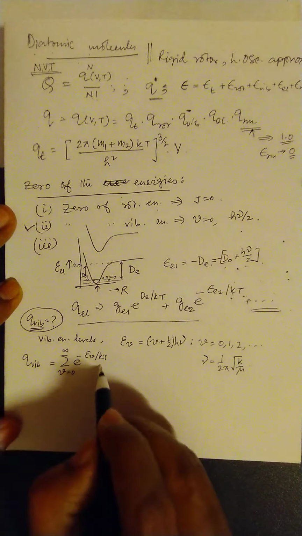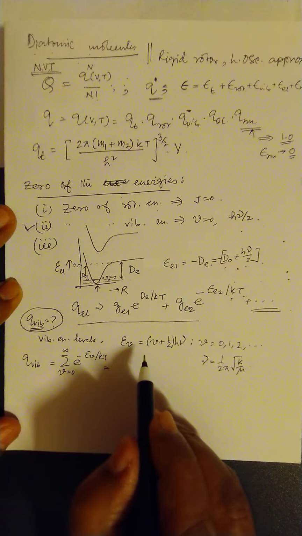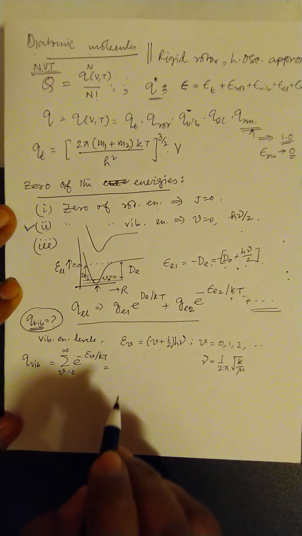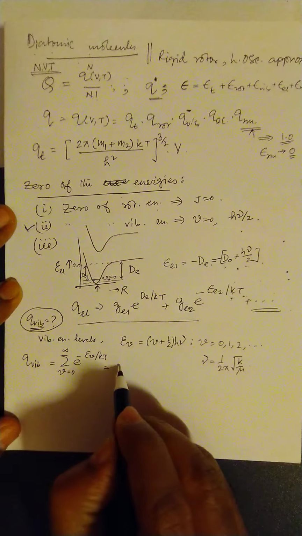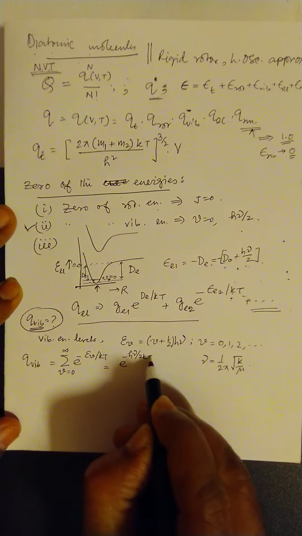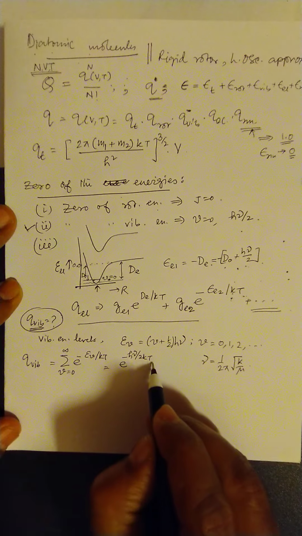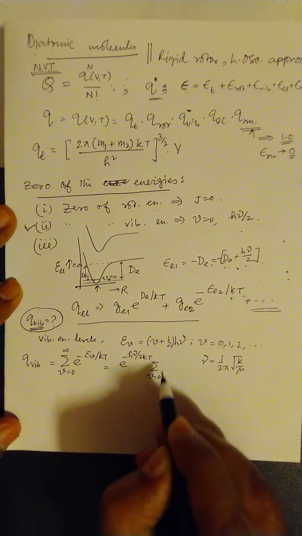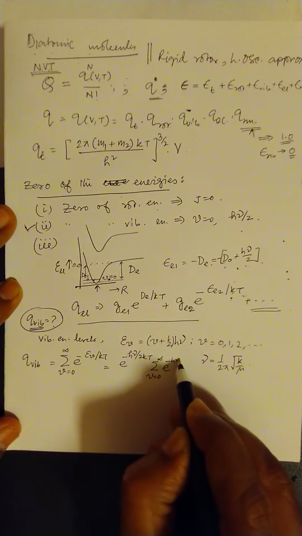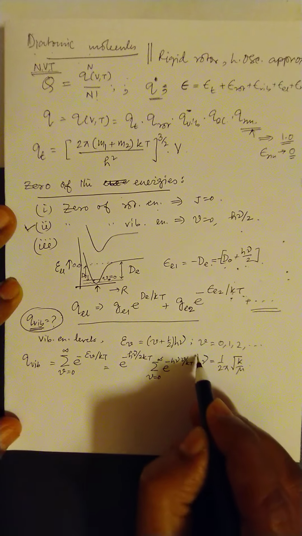So if we substitute this expression and take away the e to the power minus h nu by 2kT term, then it becomes the sum over v equals 0 to infinity of e to the power minus h nu v by kT, right?